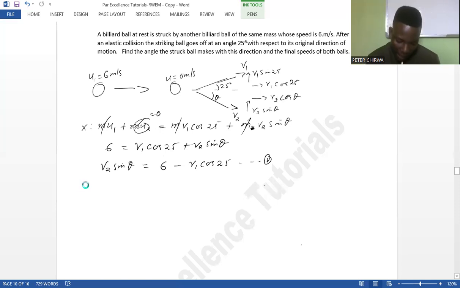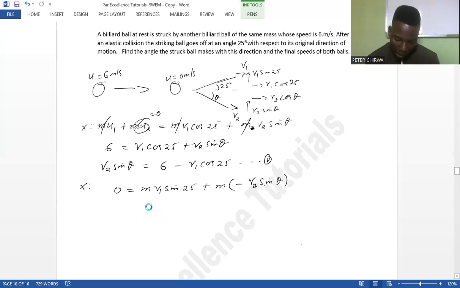And from there, I also go in the y. In the y, before collision, I don't have anything, so I have 0 momentum. After collision, particle 1 goes up with this velocity momentum, plus the mass going down with that velocity.